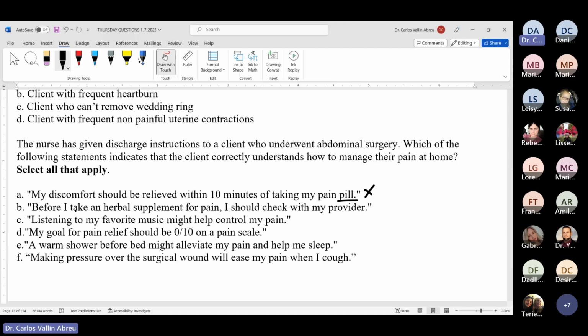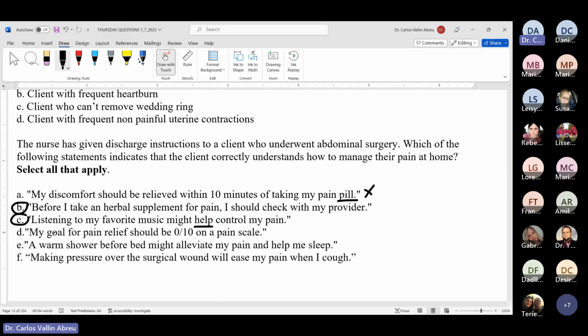Don't mark this. Before I take an herbal supplement for pain, I should check with my provider. Of course, the answer is yes. Listening to my favorite music might help control my pain. It is a yes. As a distraction, a non-pharmacological intervention for pain, it doesn't mean that it replaces the pain medication, it is helping the medication to control the pain.